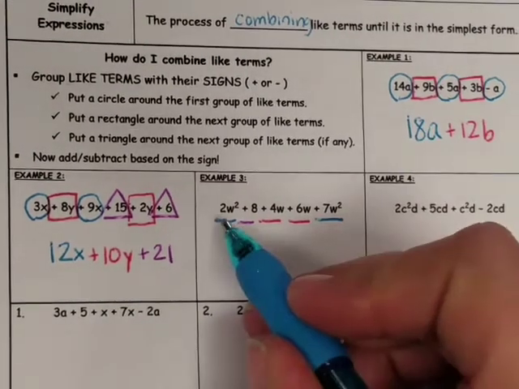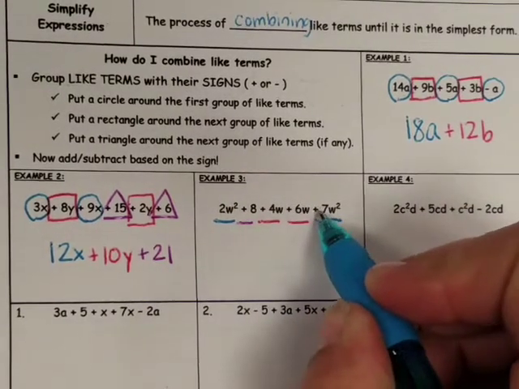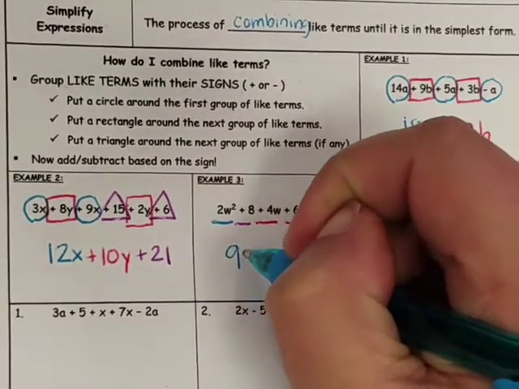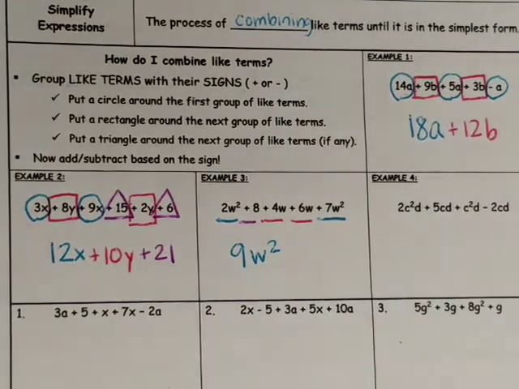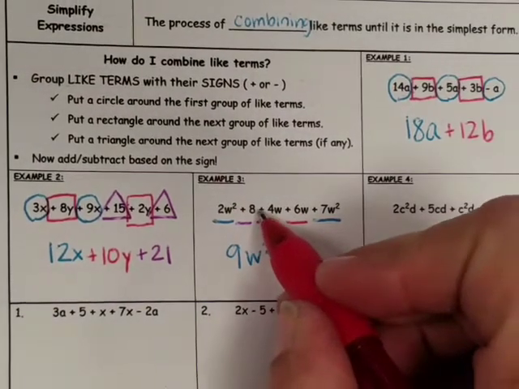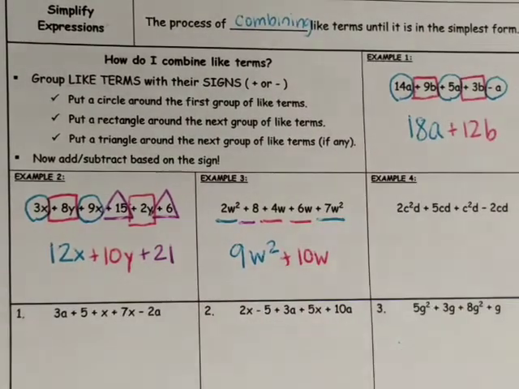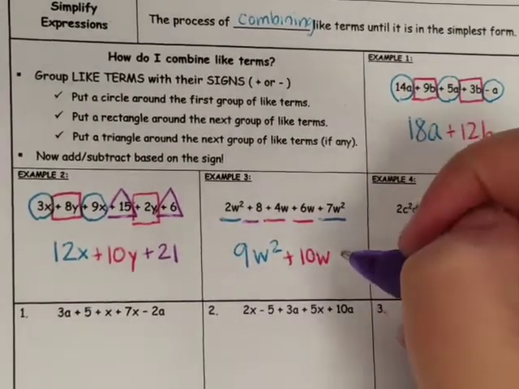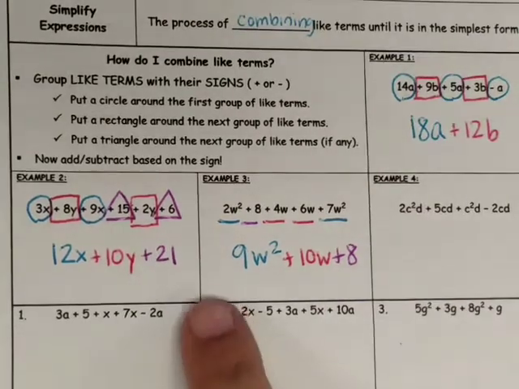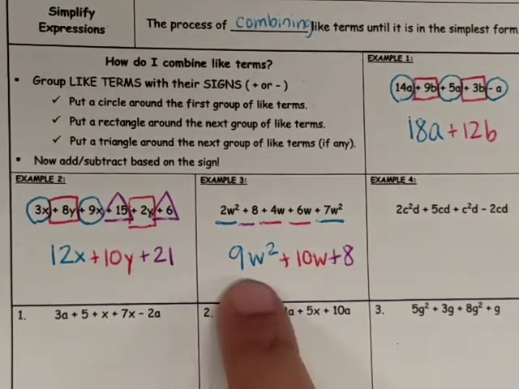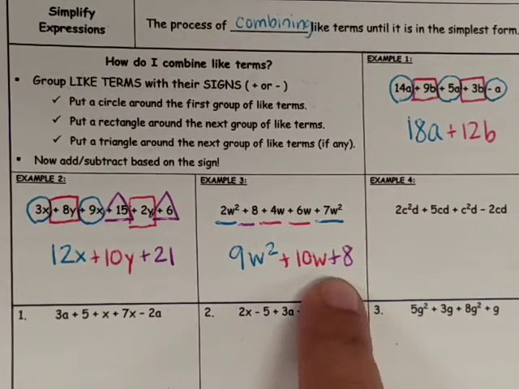So we have 2w squared plus 7w squared, which is 9w squared. And then we have positive 4w plus 6w, which is 10w. And then we have 8 plus 8. And there's my final expression, 9w squared plus 10w plus 8.